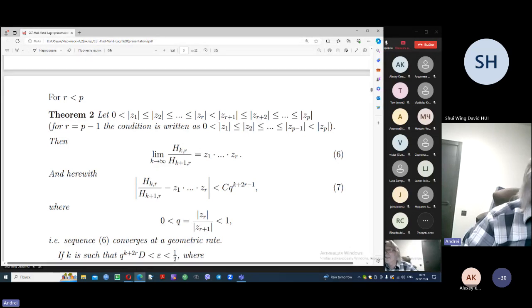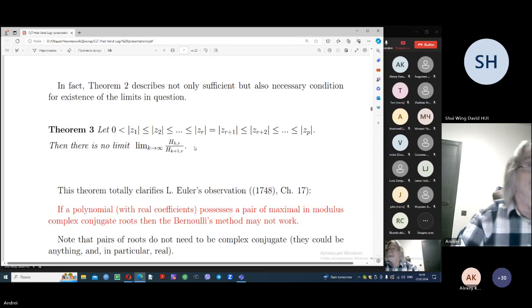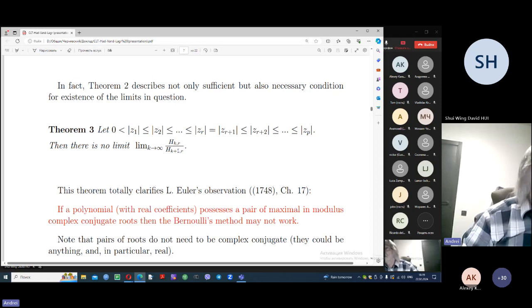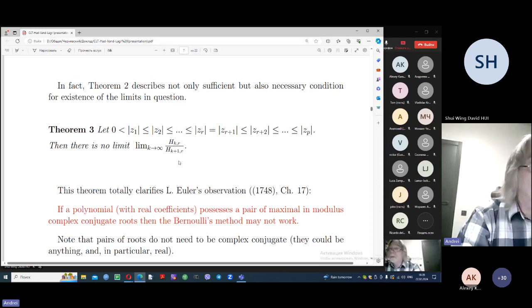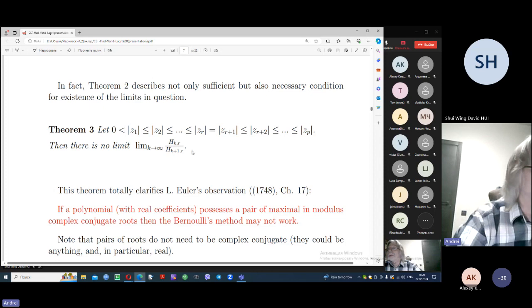Then the limit does exist, and once they are equal in modulus, there is no limit for this ratio. So in fact we can, and we shall do this, observe when the roots are equal in modulus, that simply this limit should not exist.